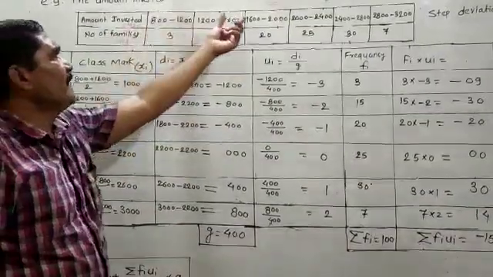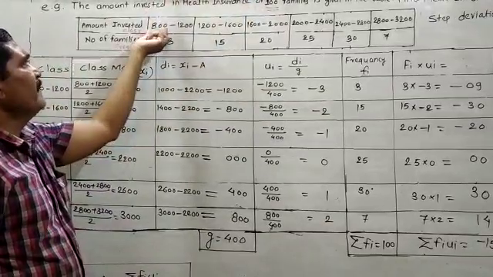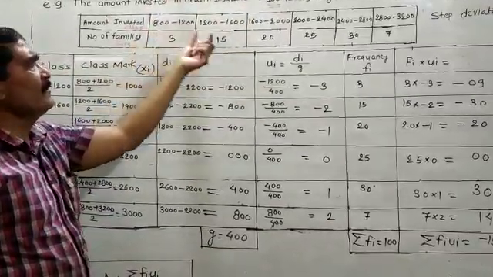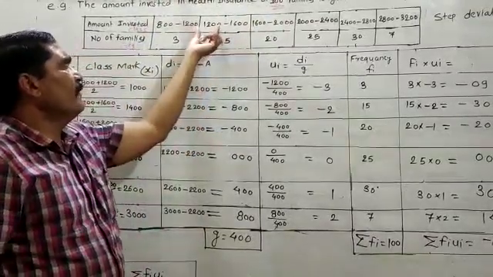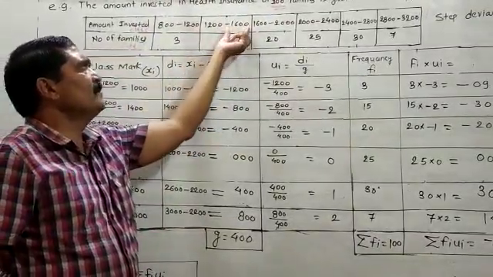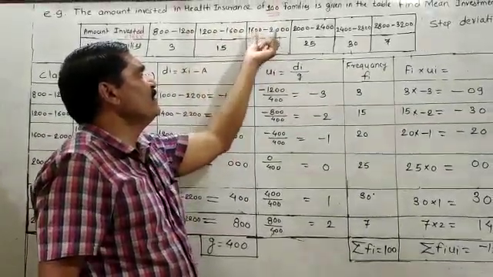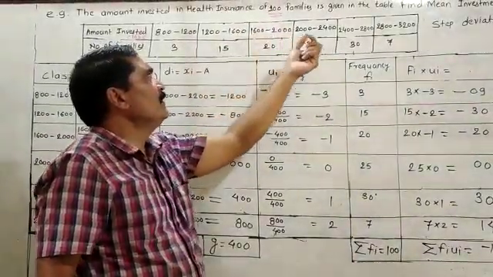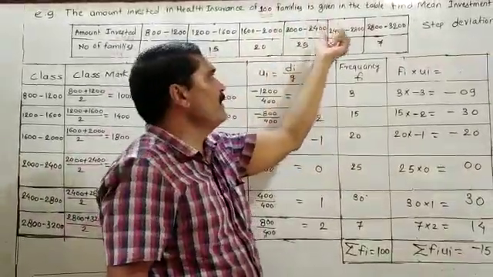Out of these 100 families, 3 families invested an amount between 800 and 1200. Out of 100 families, 15 families invested 1200 to 1600 rupees. Out of these 100, 20 families invested 1600 to 2000 rupees. Out of these, 25 families invested 2000 to 2400 rupees.